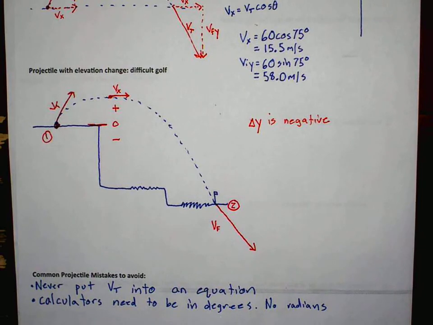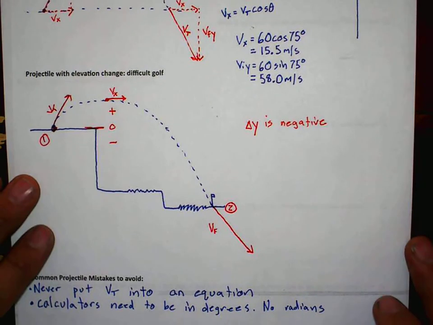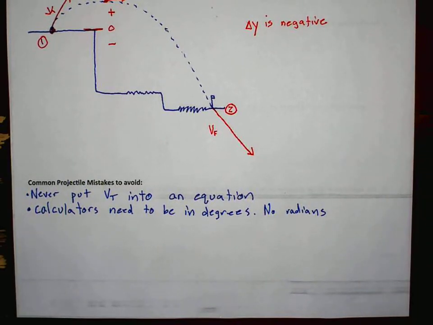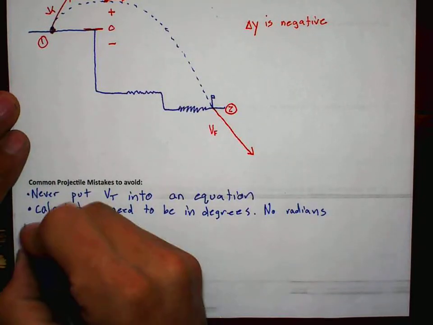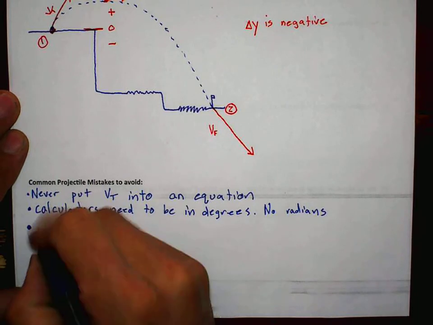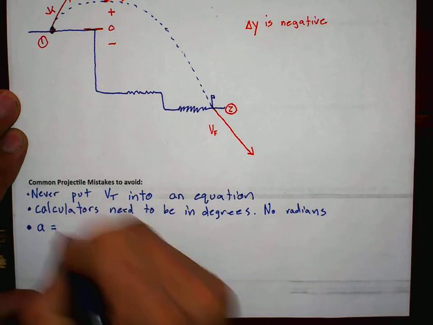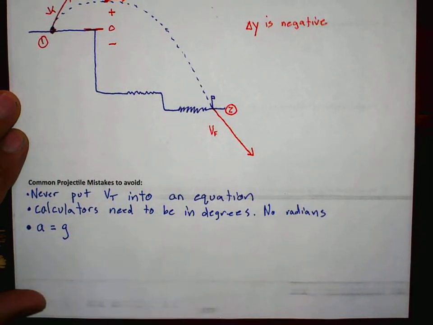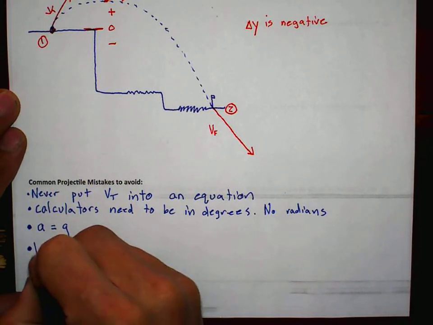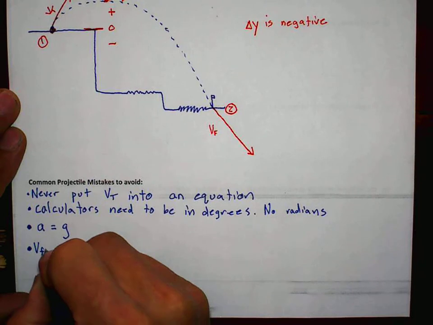Now other projectile mistakes that we need to be aware of. These are more just reminders. Acceleration is equal to little g. We have to know that. V final in the y direction is not 0.